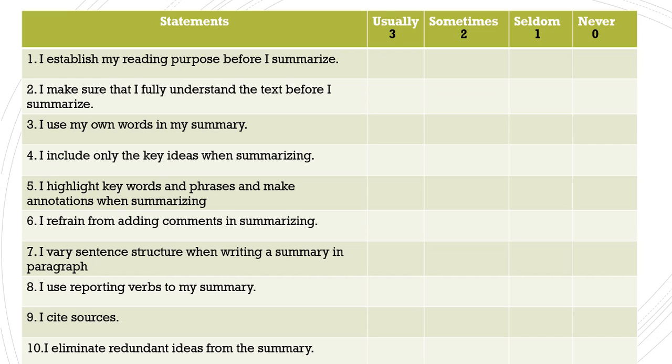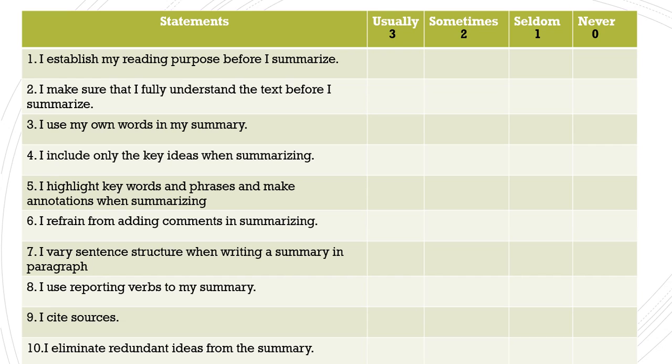Okay? So number 2, I make sure that I fully understand the text before I summarize. 3, 2, 1, 0. Number 3, I use my own words in my summary. Number 4, I include only the key ideas when summarizing. Number 5, I highlight keywords and phrases and make annotations when summarizing.